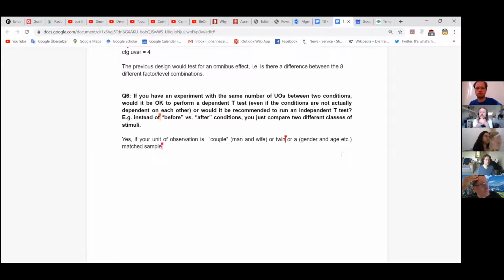So if I do this task in EEG lab, the default is that EEG lab runs a dependent T task. But I was just wondering, if those two conditions are not like pre and post, would it be a dependent test actually, or an independent test? That's why I was struggling with this.